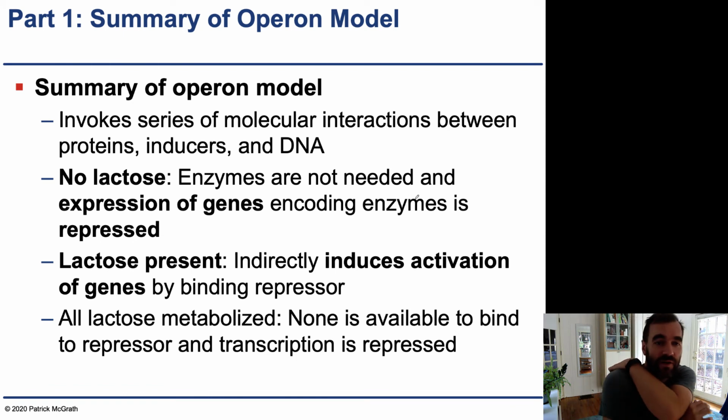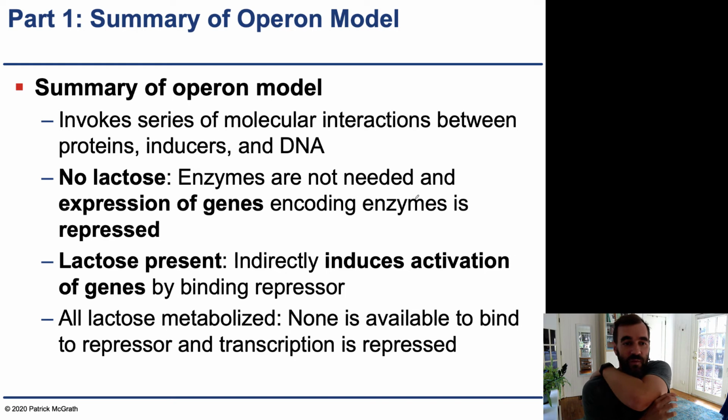So this is the model that they proposed. It invoked a series of molecular interactions between proteins, inducers, and DNA. The allolactose binds to the protein, and the protein binds to the DNA, and that's how this regulation can occur. In the case where lactose is not present, the enzymes are not needed, and expression of genes encoding enzymes is repressed.